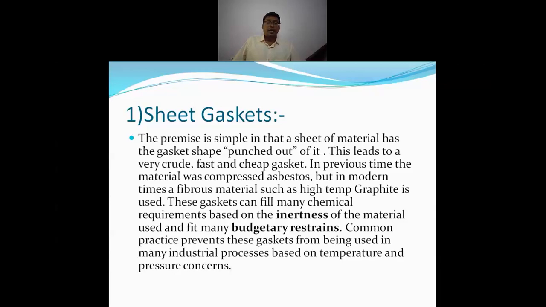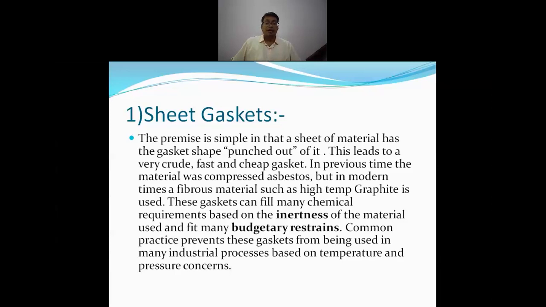In previous times, the material was compressed asbestos, but in modern times, fibrous materials such as high temperature graphite are used. These gaskets can fill many chemical requirements based on inertness of the material. So these sheets can be easily formed by the permutation and combination of the materials so that they can withstand the temperature, pressure, corrosive nature of the fluid or the hazardous nature of the fluid.